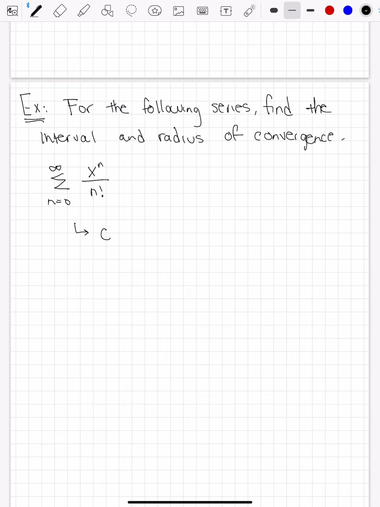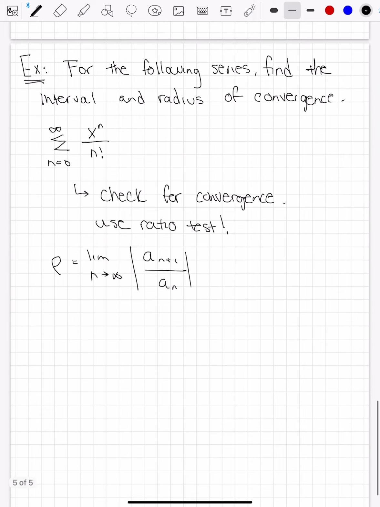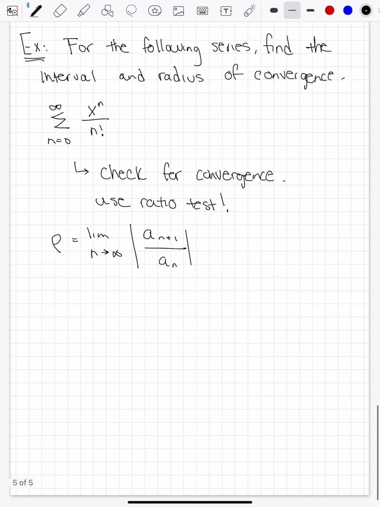So the first thing is to check for convergence, and because this series has an exponential and a factorial, I know that I should use the ratio test. Right, so remember the ratio test is that we calculate rho by the limit of the ratio of two consecutive terms, and then depending on that value we get convergence or divergence.